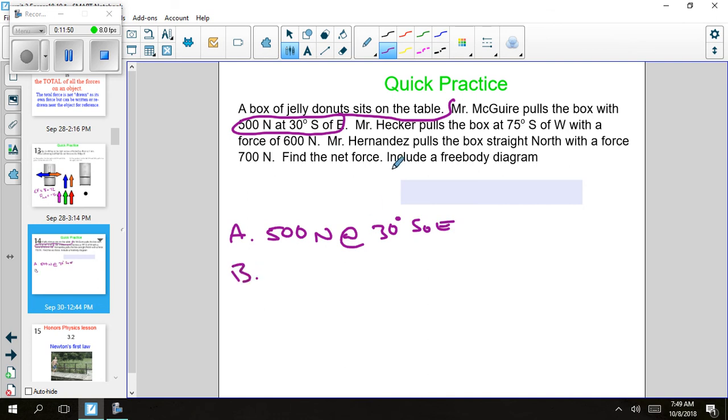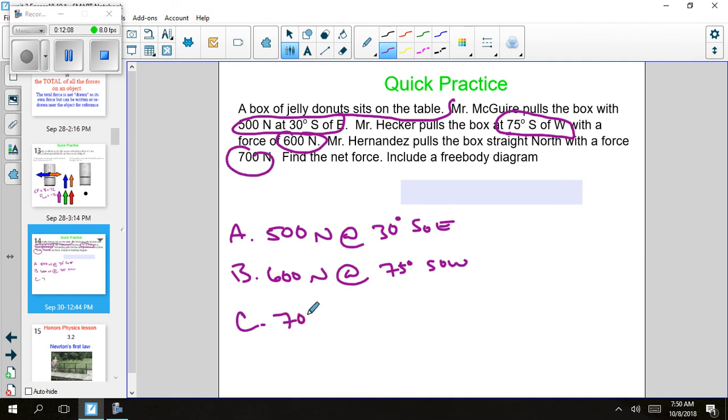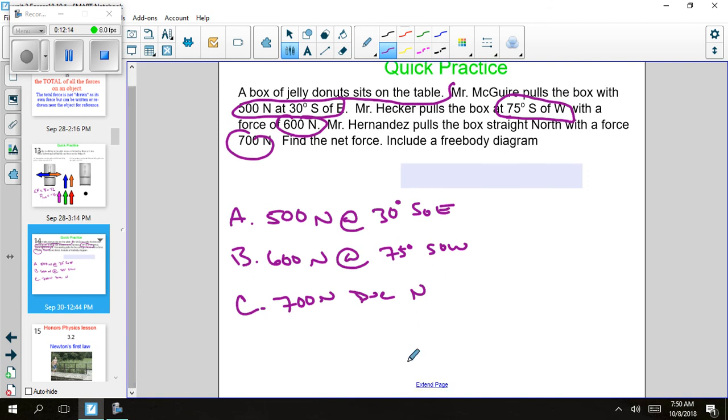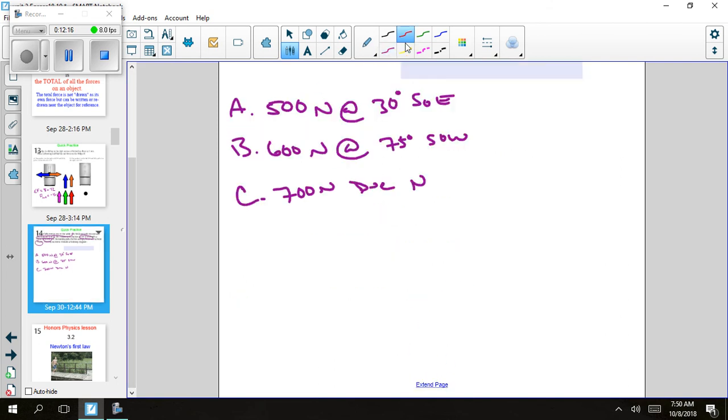We'll call this B, Mr. Hecker, 600 newtons at 75.5 degrees south of west, and then I am 700 newtons due north.